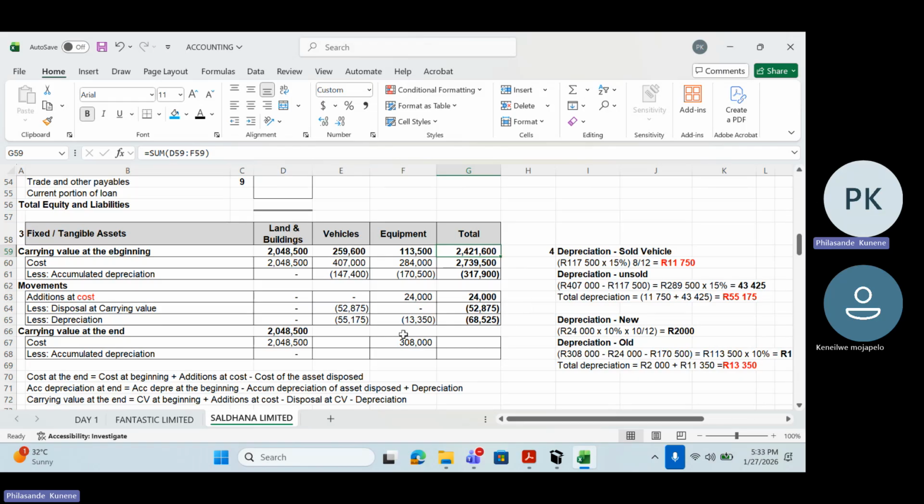Okay, now going to the end. How much is the cost at the end for vehicles?